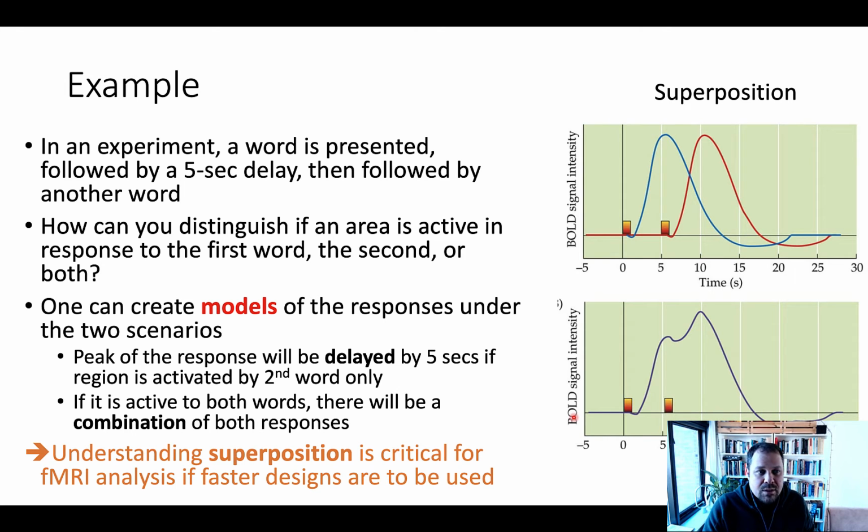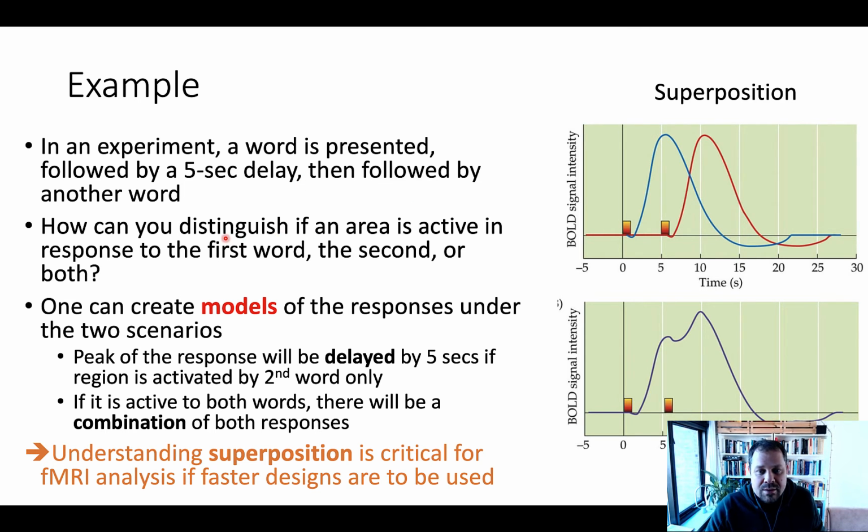So let's consider a very simple experiment again, in which a word is presented and then followed by a second word after a 5-second delay, and the task of the subject could be, for instance, is the first word the same as the second word? And so there is a bit of a working memory demand here, which is you have to keep the first word in mind for about 5 seconds.